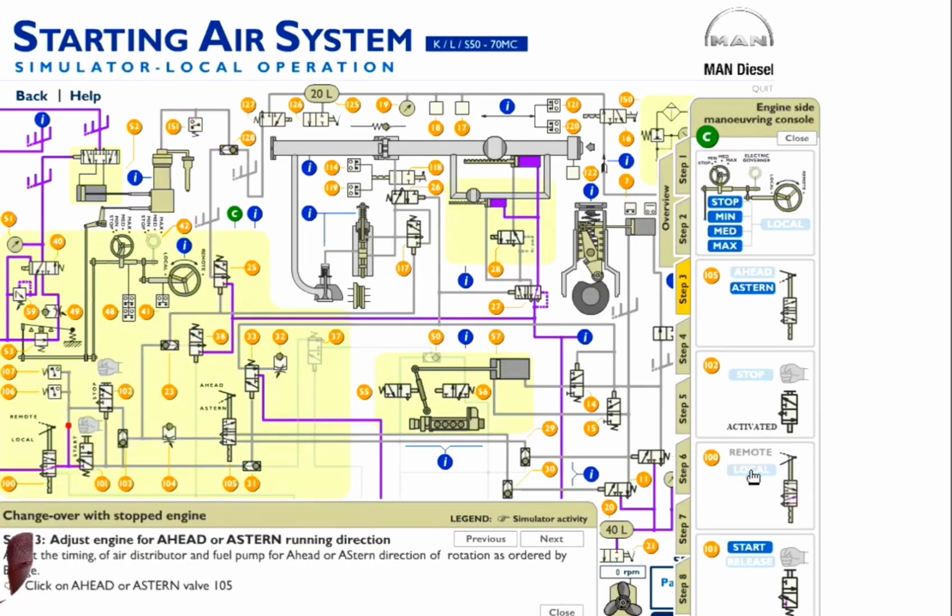We'll take in local. So you can see also there is a hand here, okay, which shows how the signal goes. It has changed direction, okay, because other valves is interacted. Ensured that here is in the ahead position.